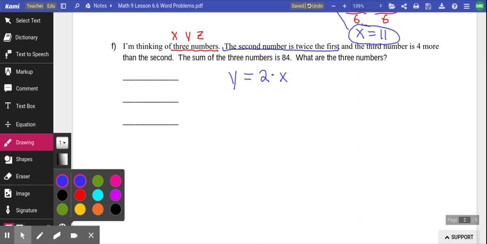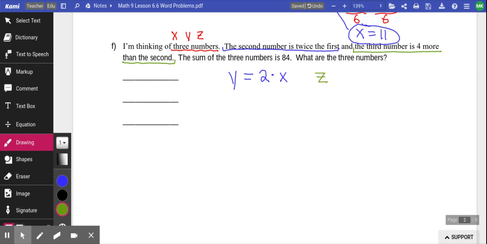The next part creates the next sentence. And the third number is 4 more than the second number. So the third number is Z, is means equals. 4 more means 4 plus the second number, which is Y. My last equation is my last sentence.